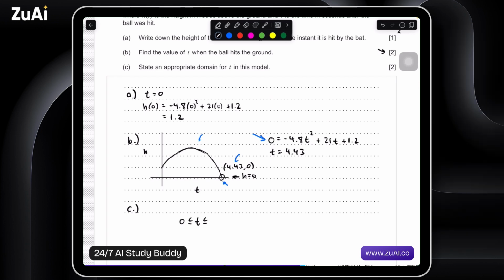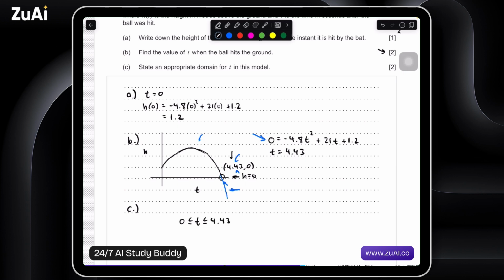And then we know the ball hits the ground at 4.43 seconds, and so anything beyond that wouldn't produce a meaningful result. If we were to substitute into our function, the ball would be somewhere negative in the ground. So the last meaningful value for our domain, our set of inputs of t, that's going to produce a reasonable result would be 4.43.